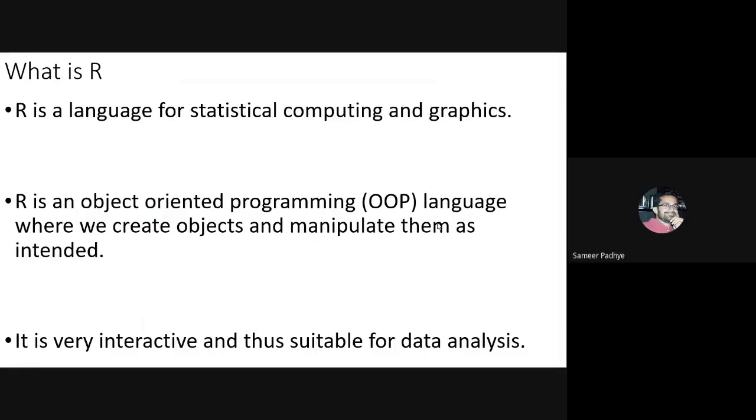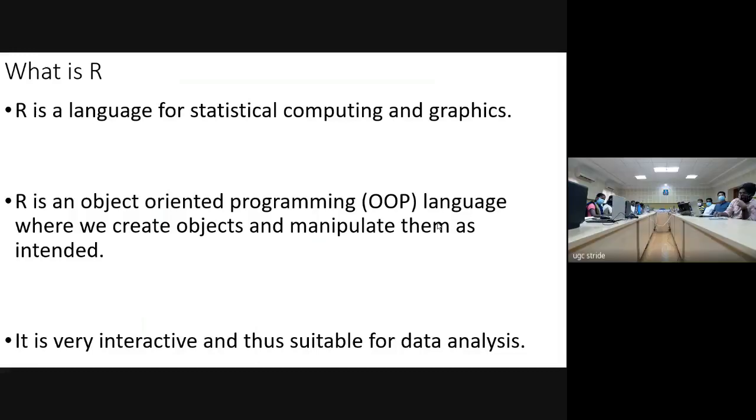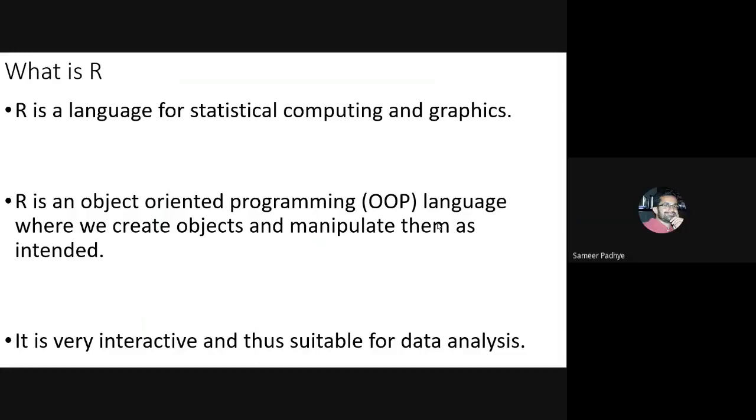And it is something called as an object oriented programming language, where you basically create different objects. So you can imagine a result of an analysis as an object. So regression analysis in R comes as an object. Or a graph, say a bar plot, is an object. So everything in R is created as an object.